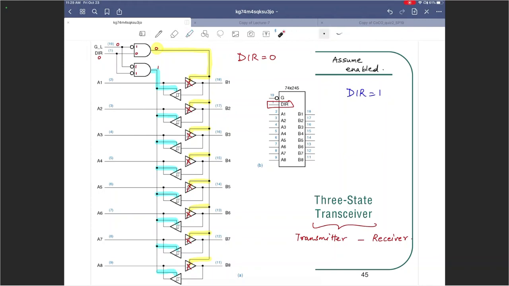A to B or B to A? In this case, direction is 0. Right to left, B to A. Perfect. That's absolutely right. B to A, right?